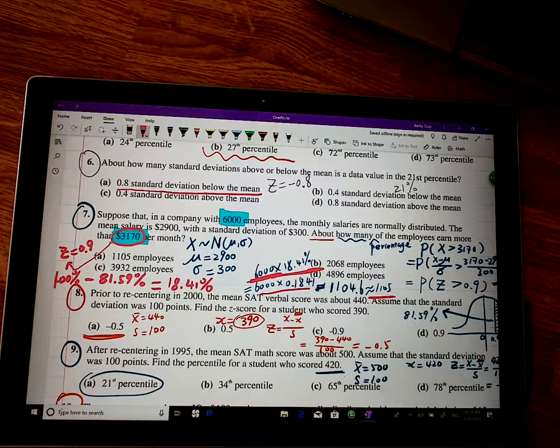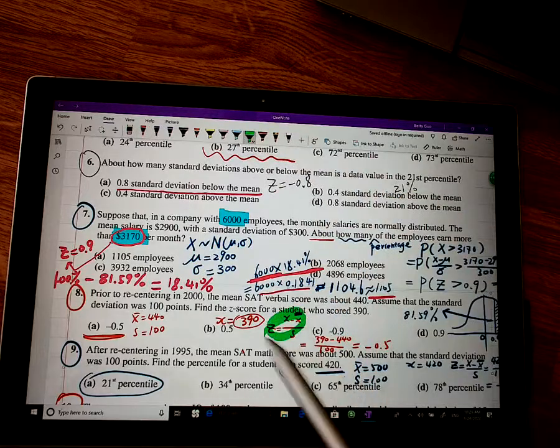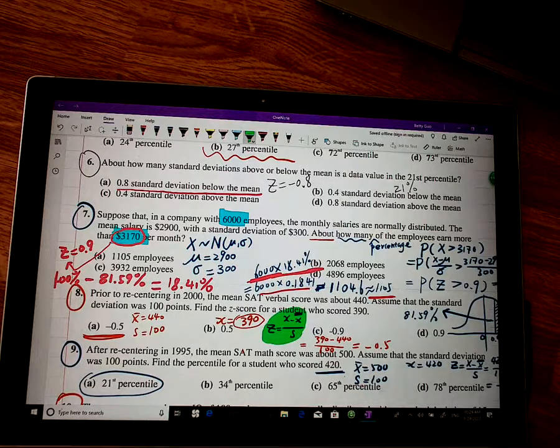We know the formula here. X is 390. The mean, 440, is given. S is 100, given. Read the problem, plug in, do the math, and you get a z-score.